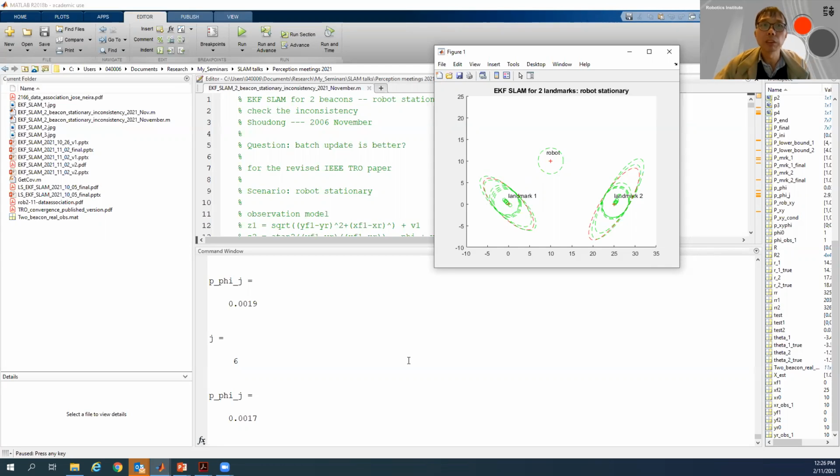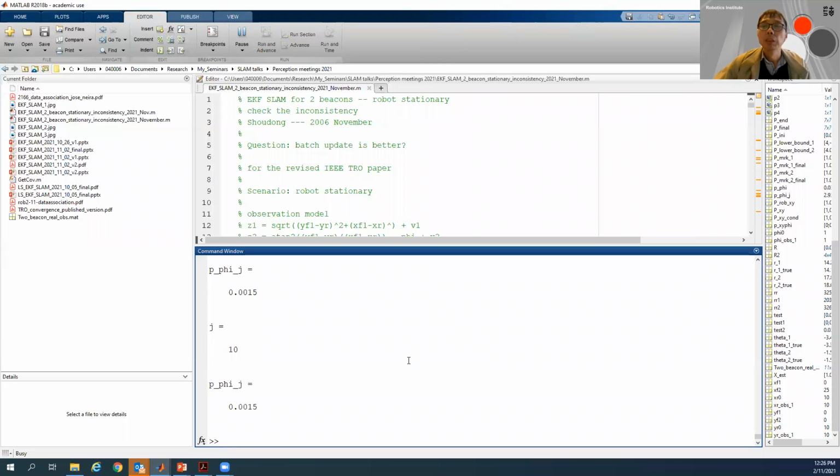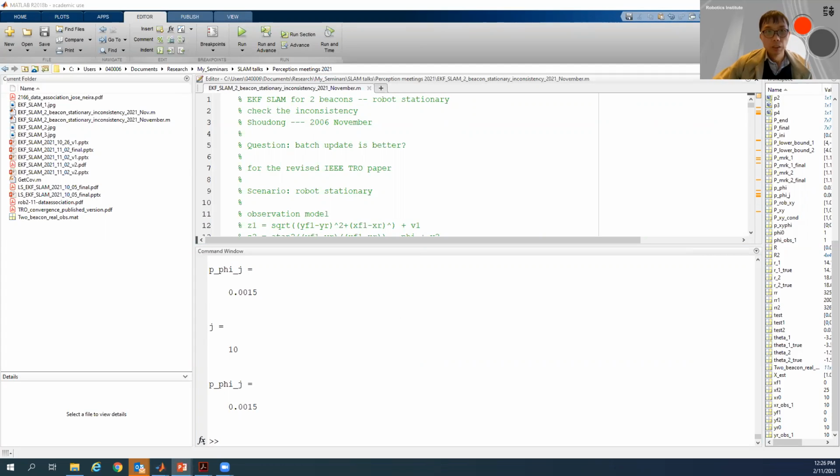But this EKF SLAM algorithm tells you that you can reduce the uncertainty. You have more knowledge about the orientation. So probably at this stage, it looks a bit obvious that something is wrong.